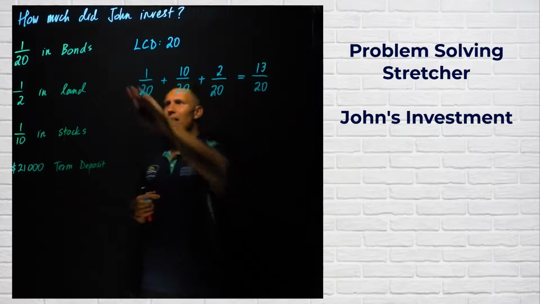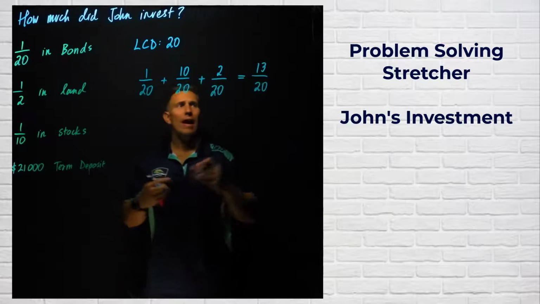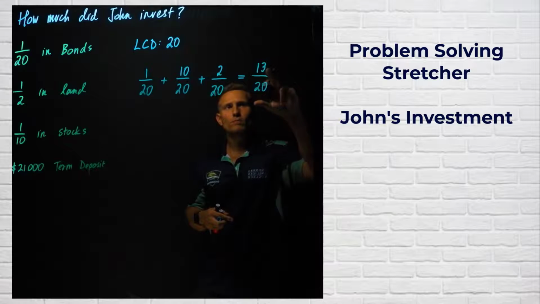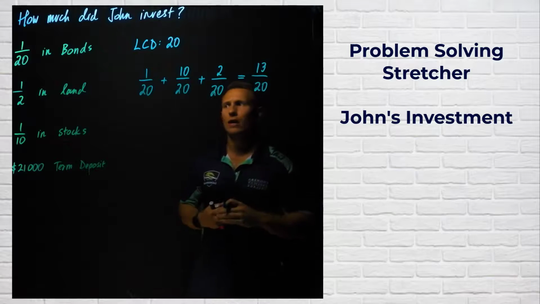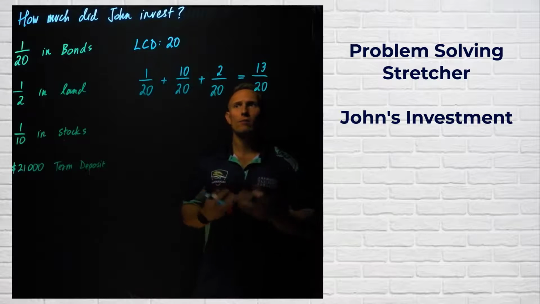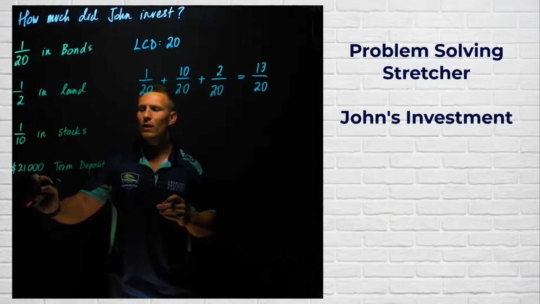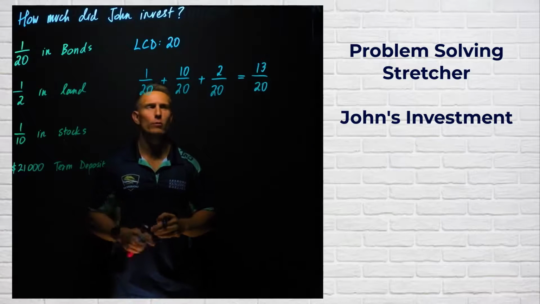So if we add the bonds, the land, and the stocks together, they account for 13 parts out of 20. So what we need to do now is find out the remaining parts, and that is going to be equal to our $21,000 that we put in the term deposit.